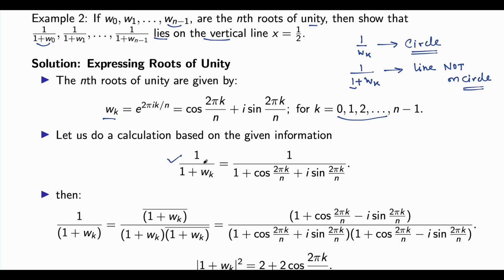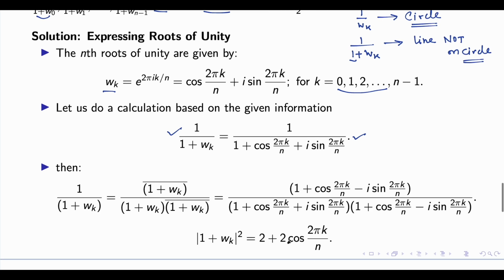So 1 over 1 plus wk will be like this. And now we are going to do complex conjugate multiplication on both numerator and denominator. So we are going to just change the sign, and then we are going to do the perfect square here, and the denominator comes like this.